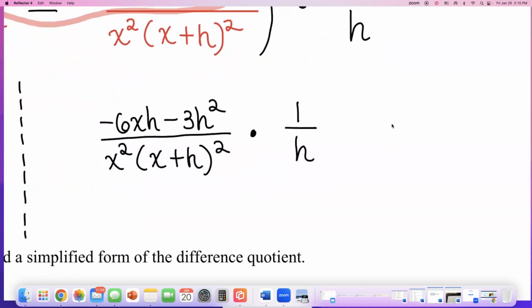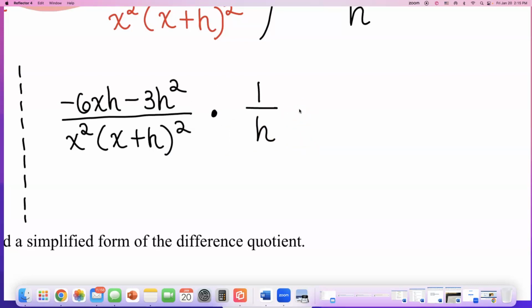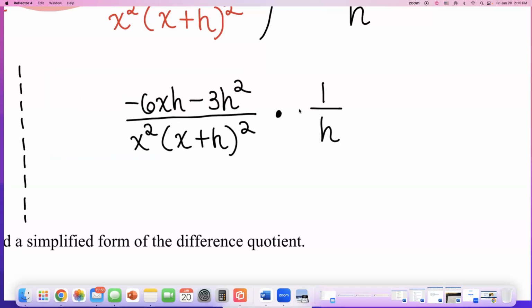Okay, now I just need to simplify this. I think we're almost done. You know, I'm dividing. Well, I think I'll do one more thing for you, okay? Notice that this complicated fraction right here, they have h as the greatest common factor. Pull that out.